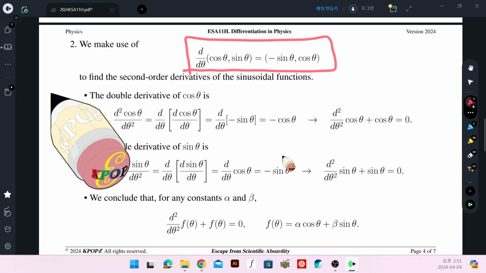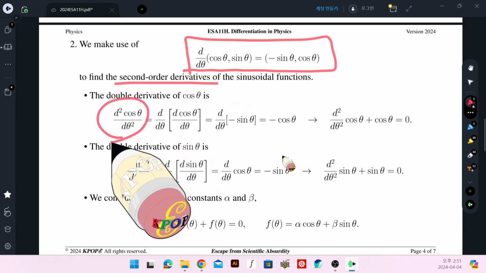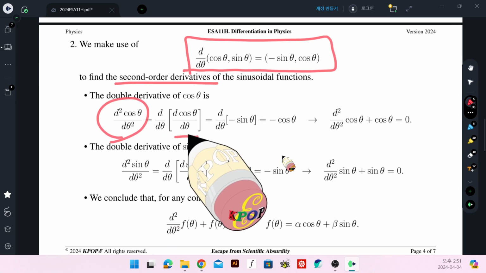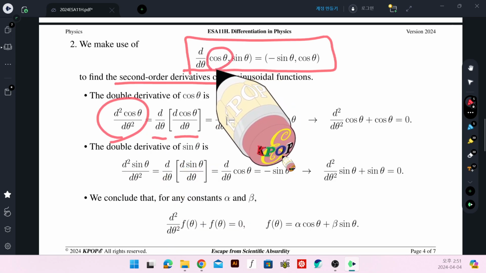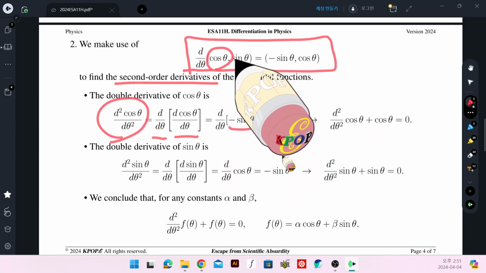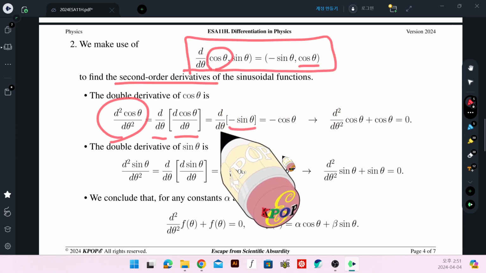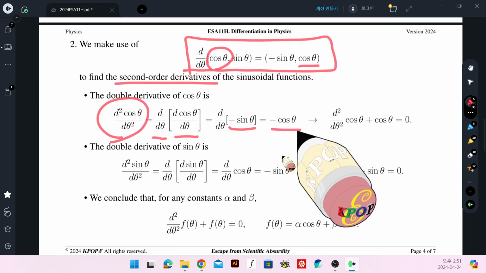What happens if I take the double derivative? The double derivative of cosine can be computed by taking the derivative twice. We know the cosine theta's derivative is minus sine, and then sine theta's derivative is cosine. As a result, the double derivative of cosine is minus cosine.